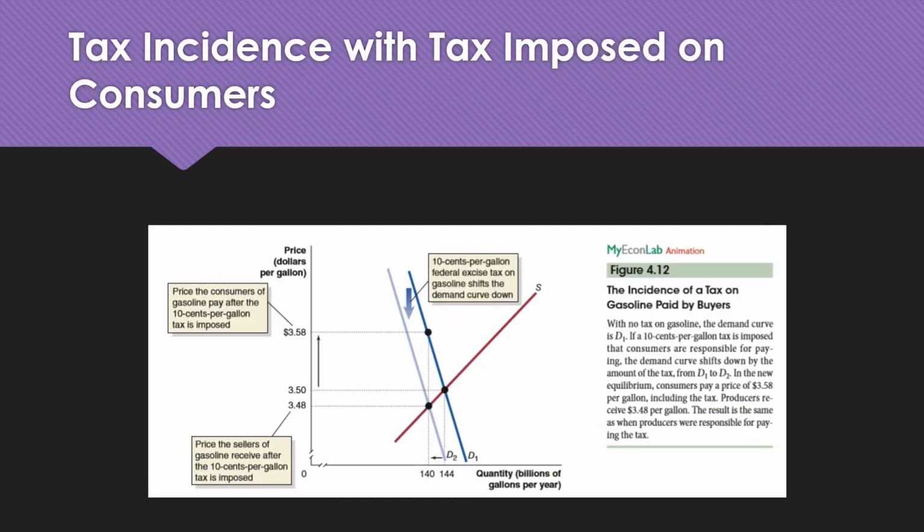Now, if we impose it on consumers, on the other hand, then it's going to affect the demand curve. So the supply remains constant, but if we now have to pay an extra 10 cents per gallon at the pump, then our demand is going to shift to the left and decrease to that relative level.